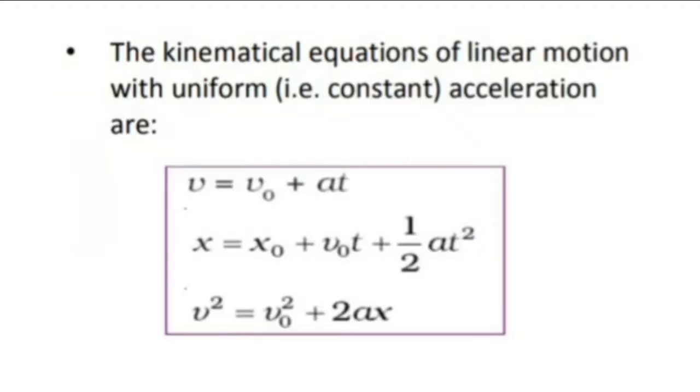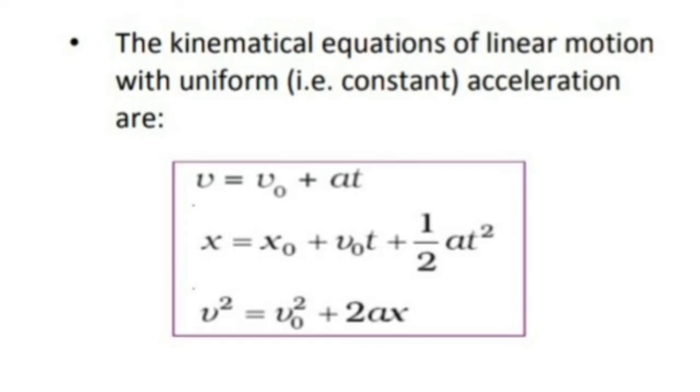We know the equations of motion in linear motion. They are v is equal to v0 plus at, which is called the first equation of motion or velocity-time relation. Second, we have x minus x0 equal to v0 t plus half at squared, which is written as x equal to x0 plus v0 t plus half at squared.